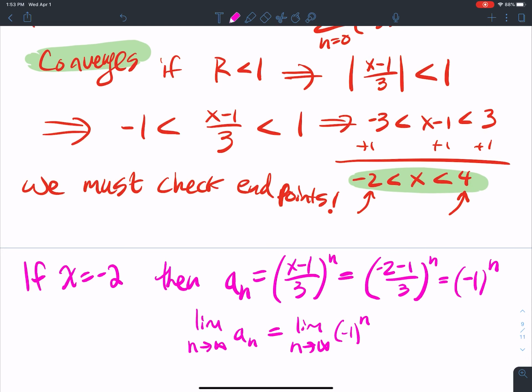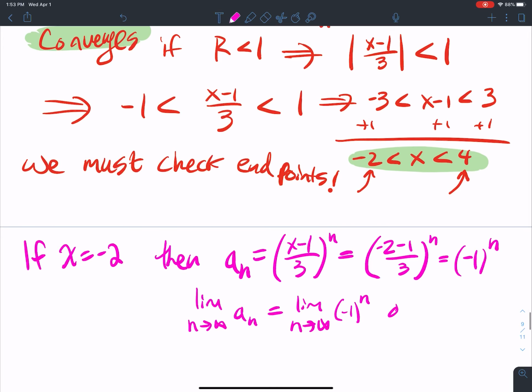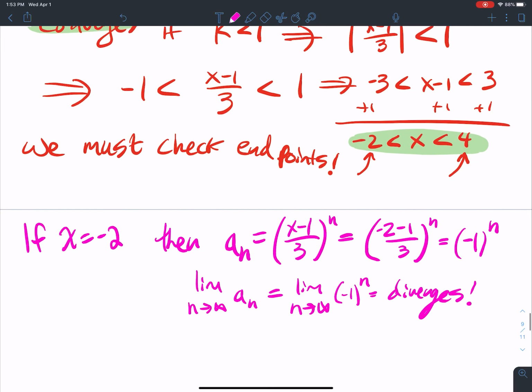This thing diverges. Why does it diverge? Well, if n is even, then it goes to 1. And if n is odd, it goes to negative 1.